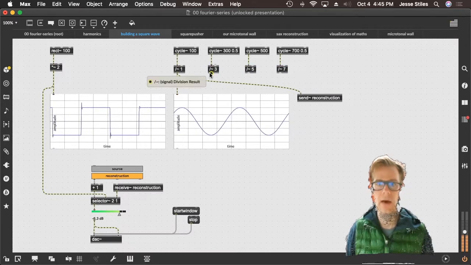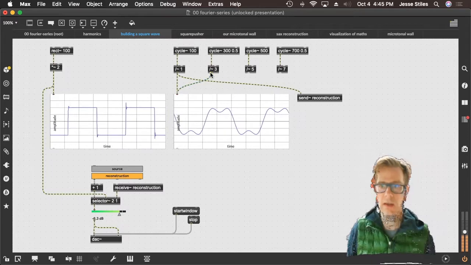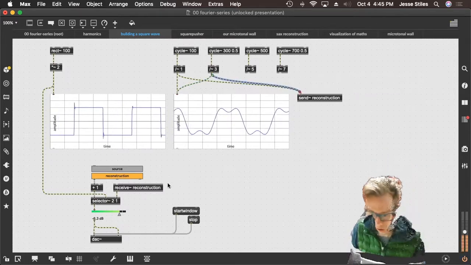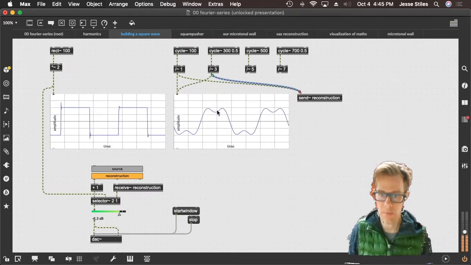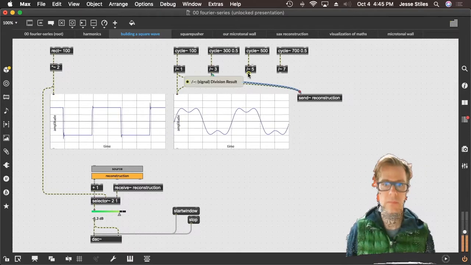So let's just start adding these components in. I'll connect it to the visualizer and we will listen to it. So it's a little bit brighter and the shape is a little bit more similar to a square wave.